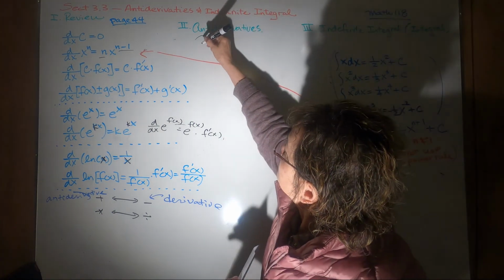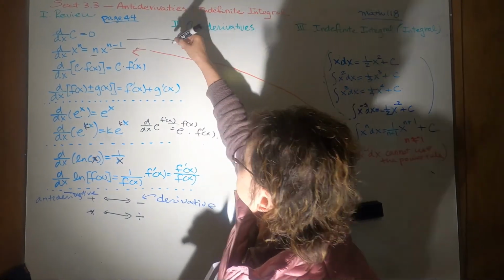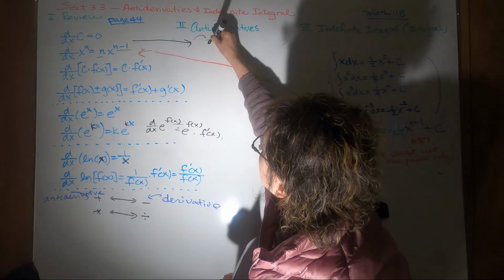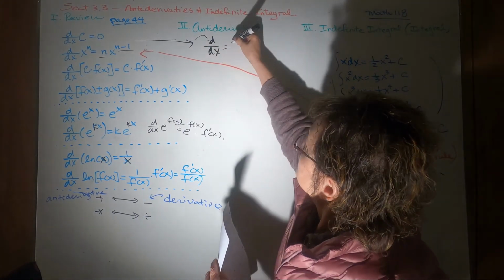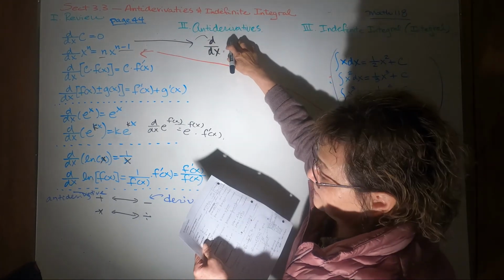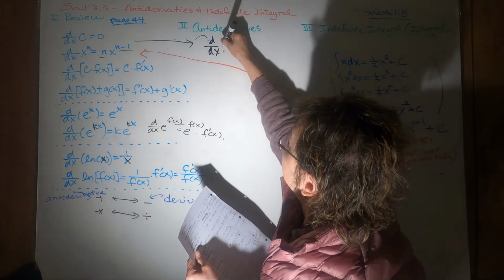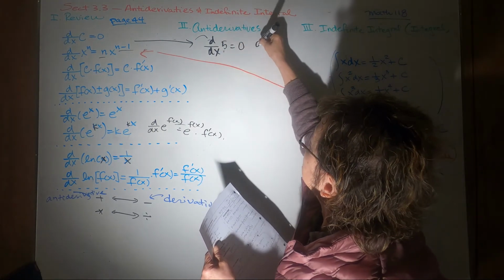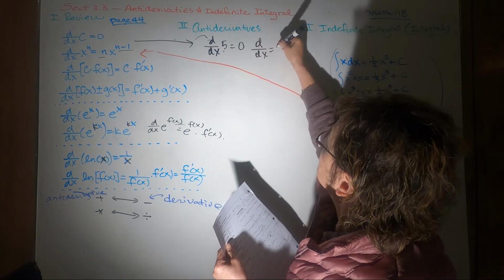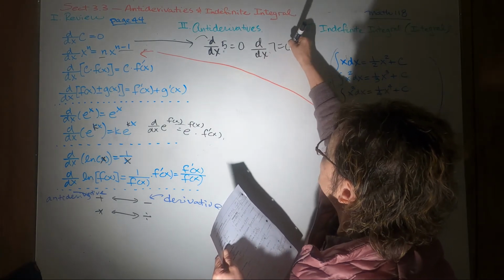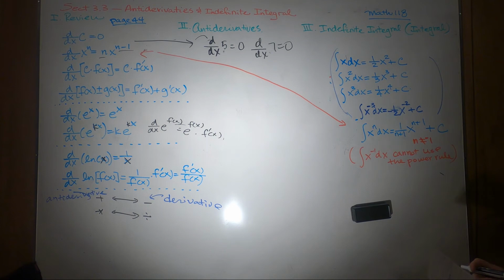If I have d/dx of 5, that would be 0, or d/dx of 7, that would be 0.